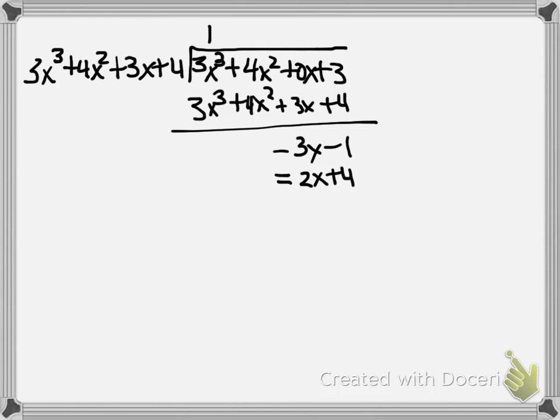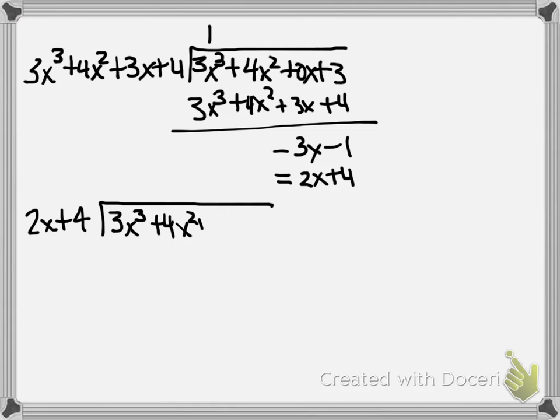Now the degree of 2x plus 4 is strictly smaller than the degree of the thing we're dividing by, so we need to do another division, and so now we want to divide 2x plus 4 into 3x cubed plus 4x squared plus 3x plus 4.